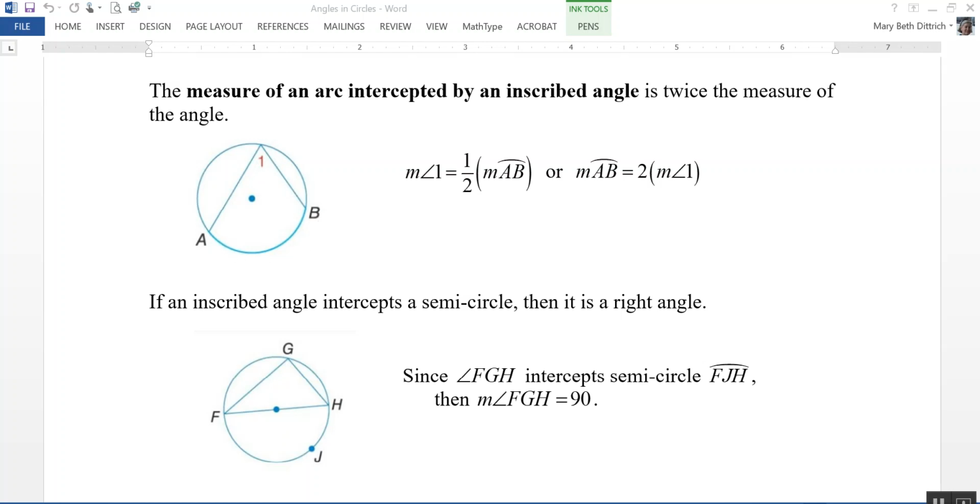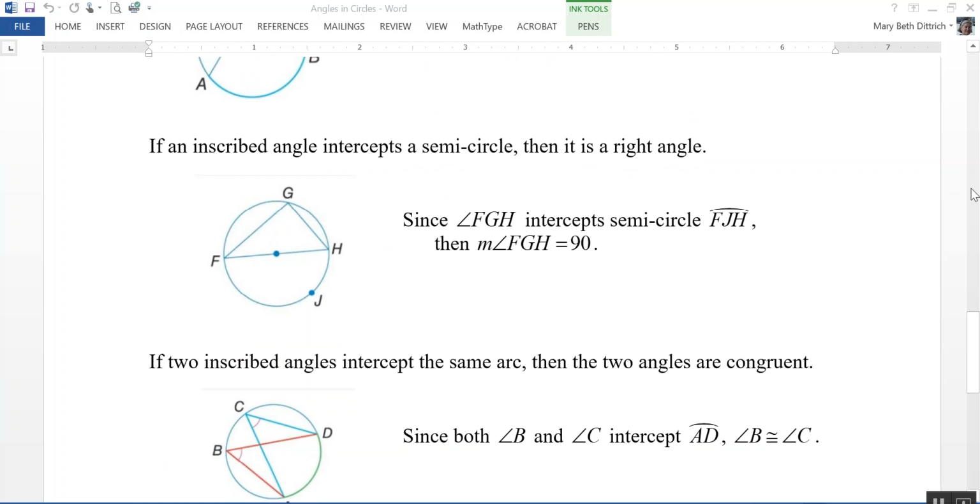Remember that with a central angle, the measure of the angle and the arc are the same. Here, the measure of the inscribed angle is 1/2 of the measure of the arc. Or another way to think of that, the measure of arc AB is twice as big as the measure of the inscribed angle.